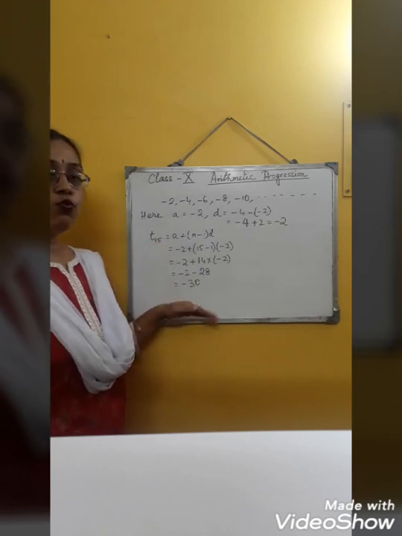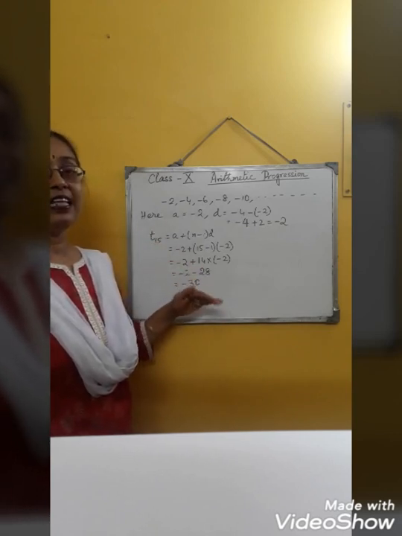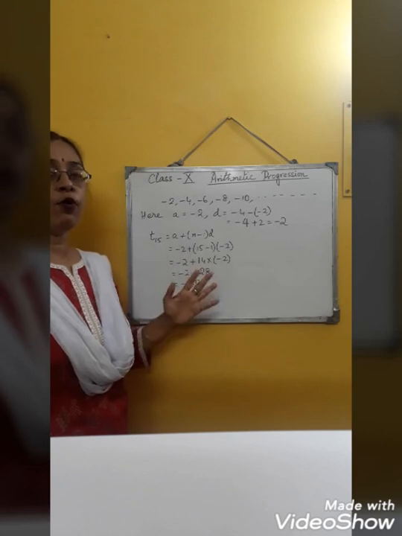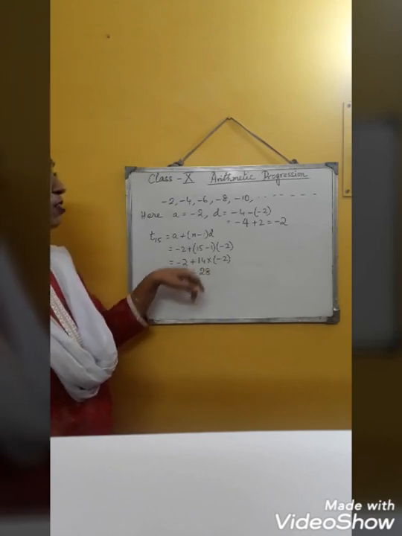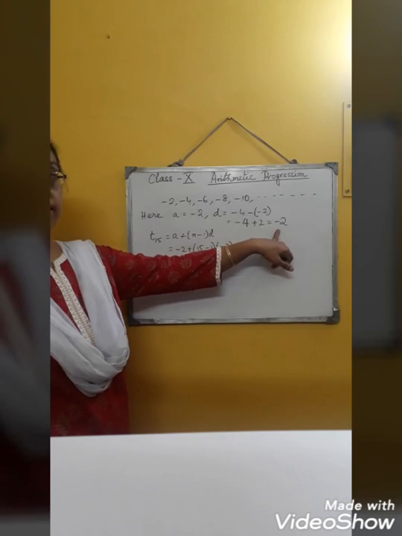So this is the process of finding the terms, which term in any progression. It can come in negative because the d is coming to be negative. Okay.